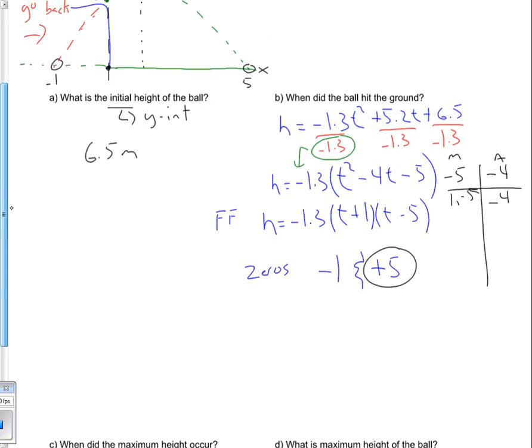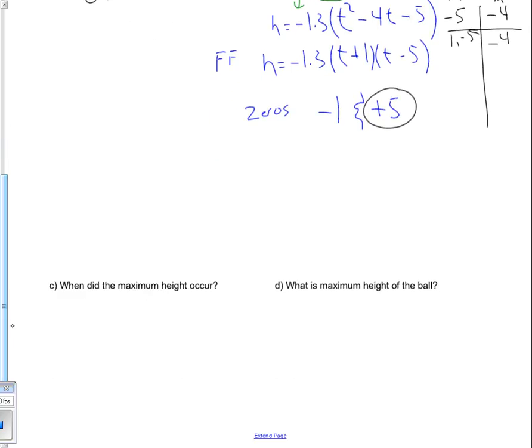So let's just go through and solve the vertex. Because we have the zeros of negative 1 and 5, we can figure out, first and foremost, and I'm going to do this over here because there's more space, the axis of symmetry. So our axis of symmetry is the average between the two zeros. So the average is going to be negative 1 plus 5 divided by 2.